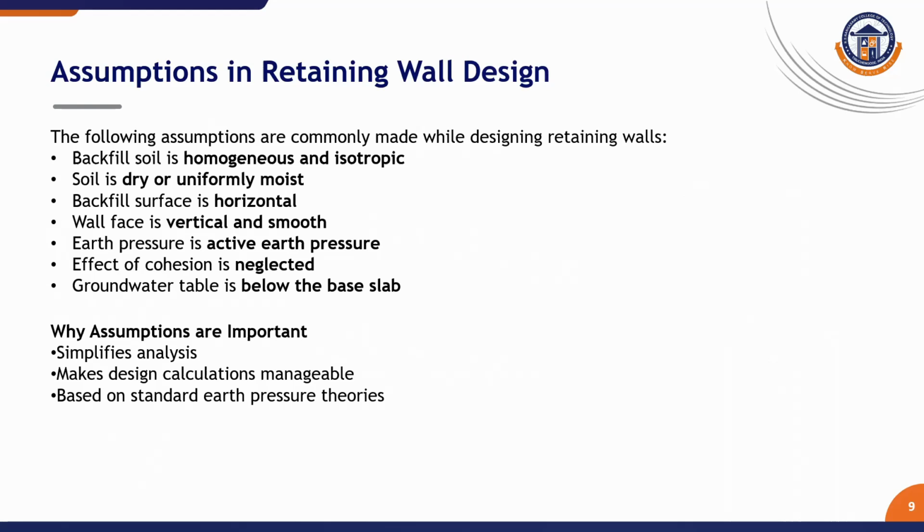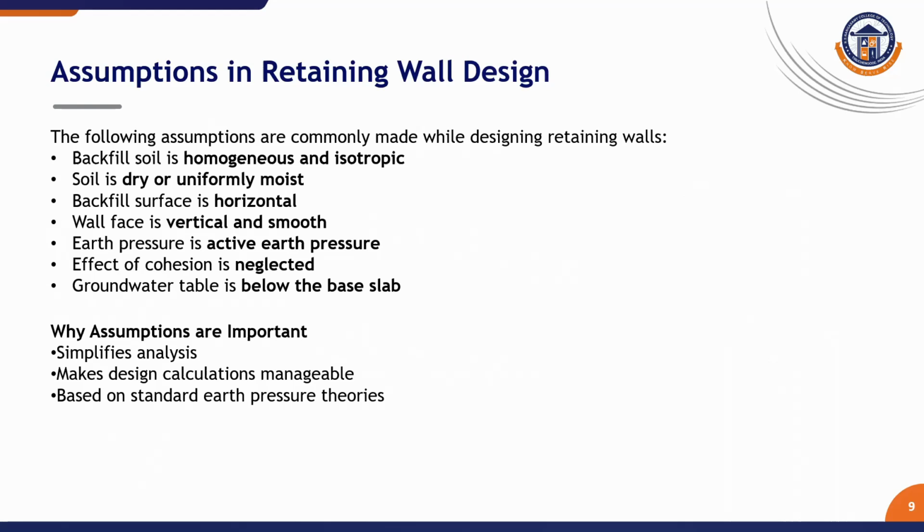Wall face is vertical and smooth. Earth pressure is active earth pressure, as in Rankine's or Coulomb's theory. Effect of cohesion is neglected for granular soils. Groundwater table is below the base slab. These assumptions simplify the analysis and are based on standard earth pressure theories.